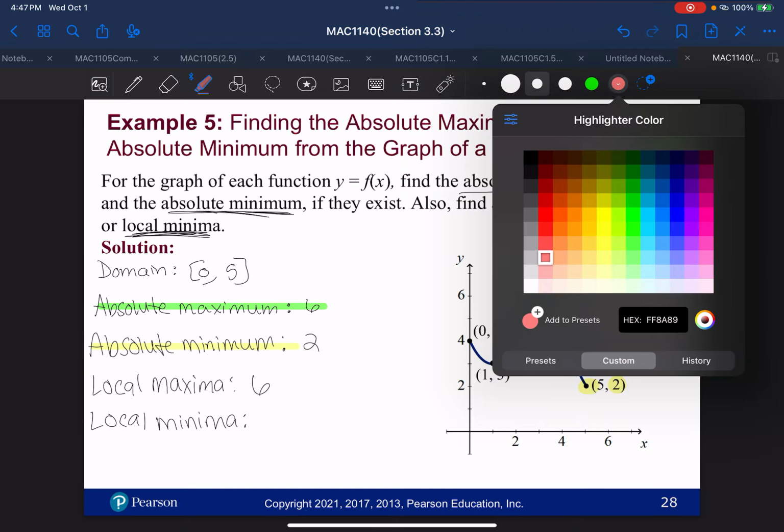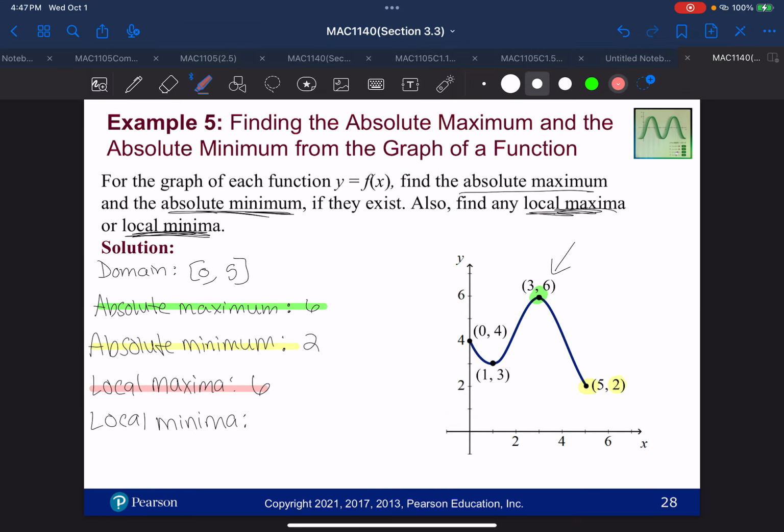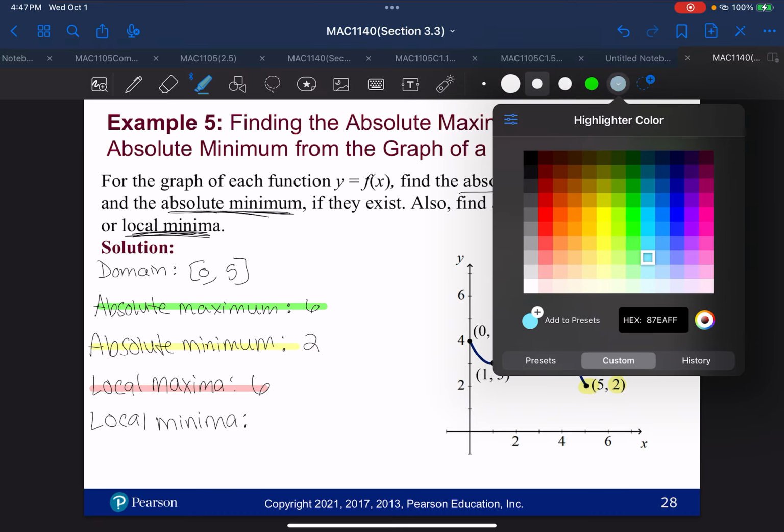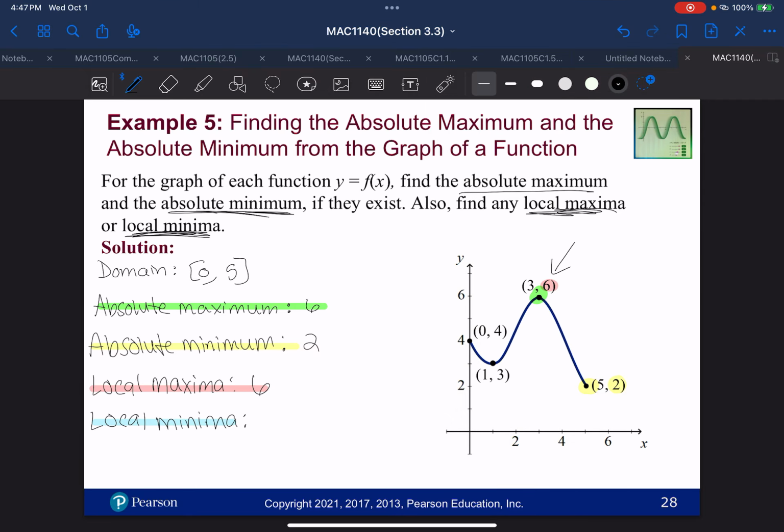Let me use some color here. Okay, and so that one is going to be this point right, no, I'm sorry. Yes, it'll be that point right there. Because if we're looking in the neighborhood of the point, that is one of our dips. So for the local minima, this value would be equal to 3.